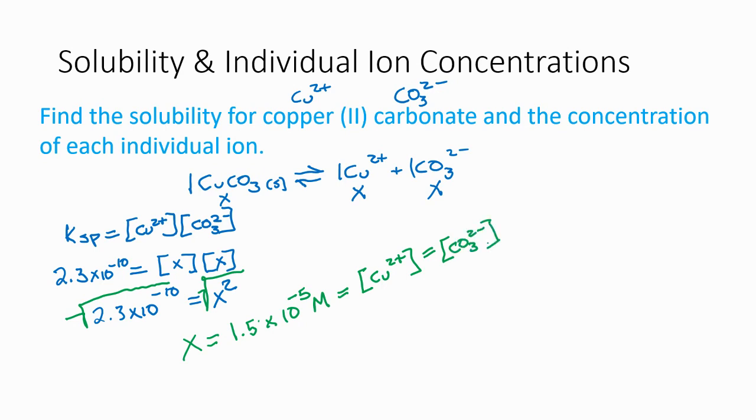Finally, because both of these ions are in a 1-to-1 ratio with copper 2 carbonate itself, we would say that copper 2 carbonate has a solubility that's also equal to X, or in this particular case, is equal to 1.5 times 10 to the minus 5 molar. Okay, let's come back together and give this a little bit of practice.